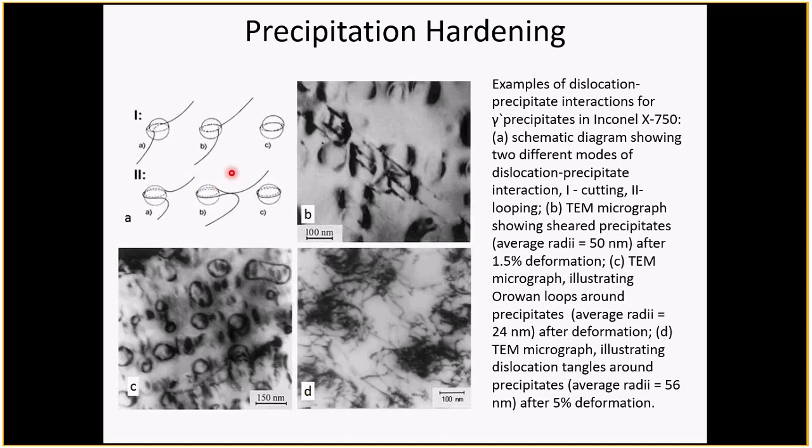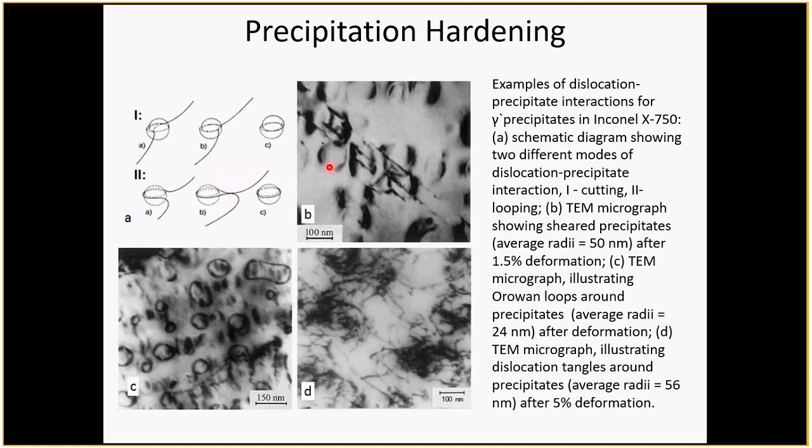So when you get to overaged system conditions, when the precipitates get bigger, you're more likely to get this Orowan looping to happen. Of course, circumstances vary, and you may get a bit of each. As we see here, that depends on the particular stress state and the constraints in the material, and who knows what else is happening.